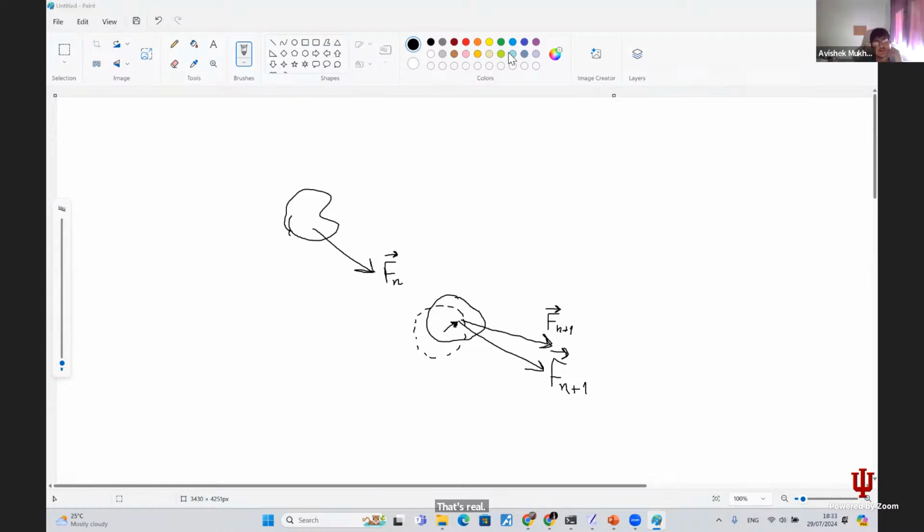So the current force is kind of like a weighted average between the previous force and a slight perturbation. Exactly, Avishai. With a certain probability.